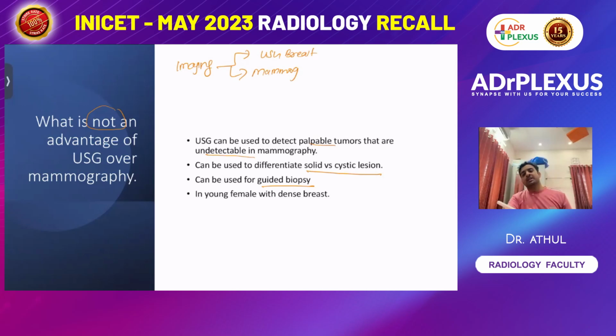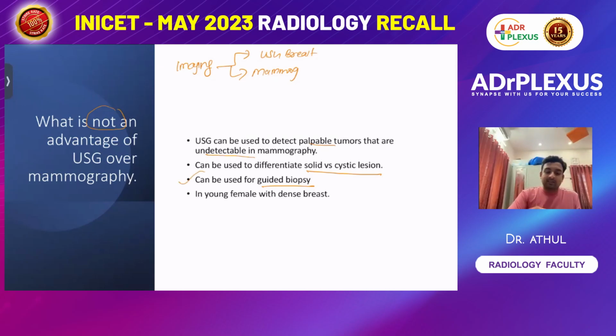When you work in surgery as a house surgeon or a JR, you will send patients for USG-guided FNACs or biopsies for lesions that are not palpable or are very small, less than 1 or 2 centimeters in size. For getting an accurate sample, we send the patient for ultrasound-guided biopsy. So that is absolutely correct.